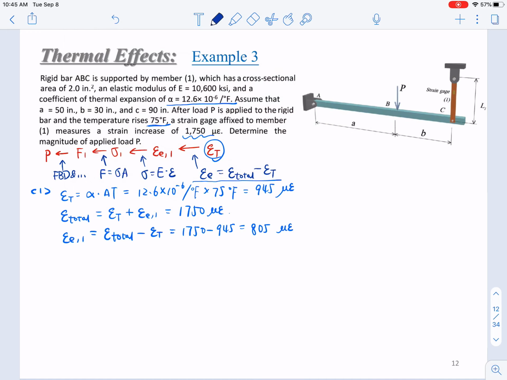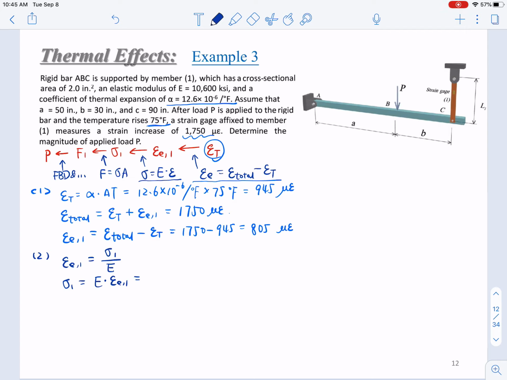Then the second step will be here, right? The elastic strain of bar 1 equals sigma 1 over E. So sigma 1 can be calculated from E times the elastic strain of bar 1.